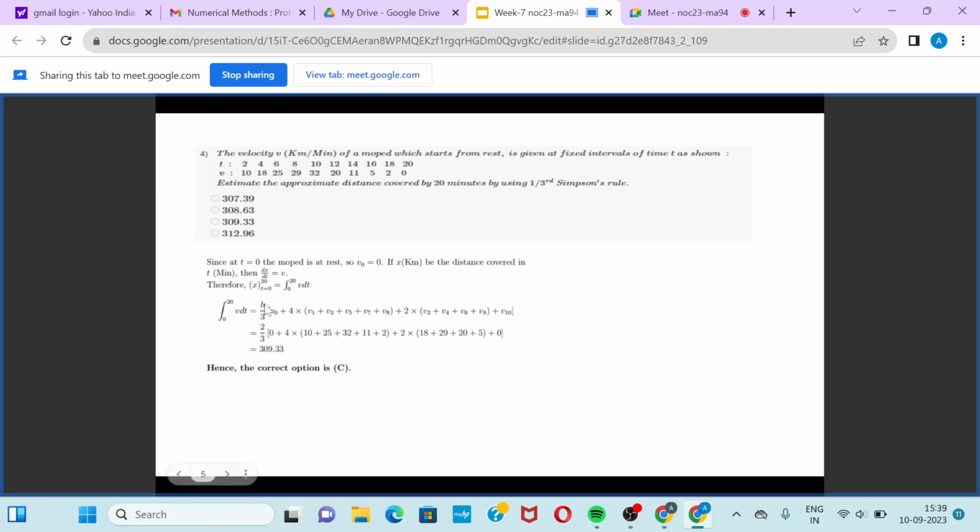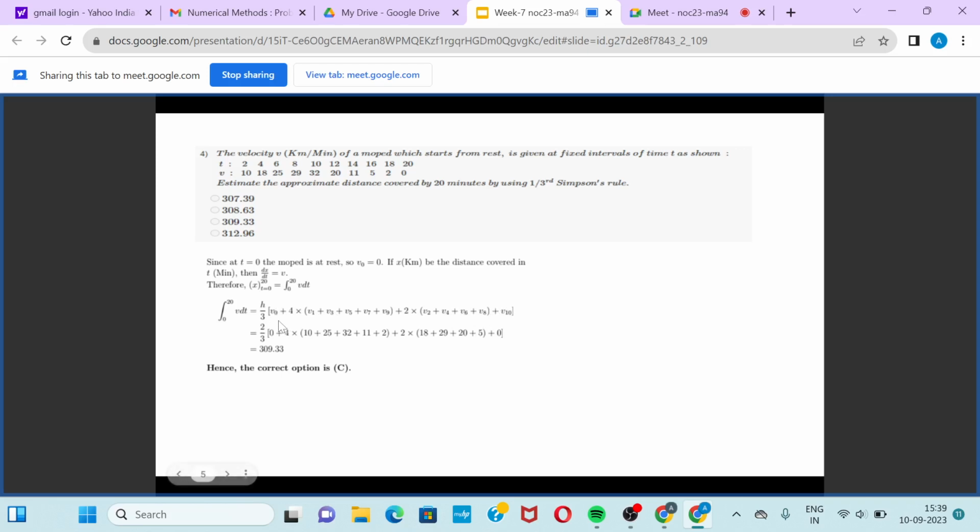So you'll get h by 3 times v naught plus 4 times the odd terms, that is v1 plus v3 plus v5 plus v7 plus v9, plus twice the even terms excluding the last term, so v2 plus v4 plus v6 plus v8, plus the last term, which is v10.